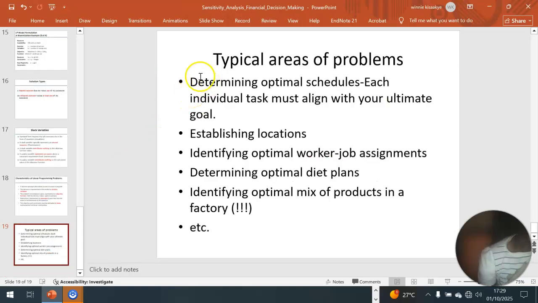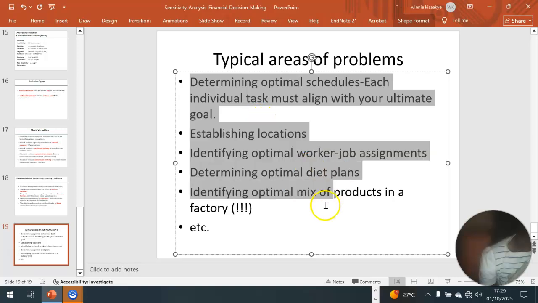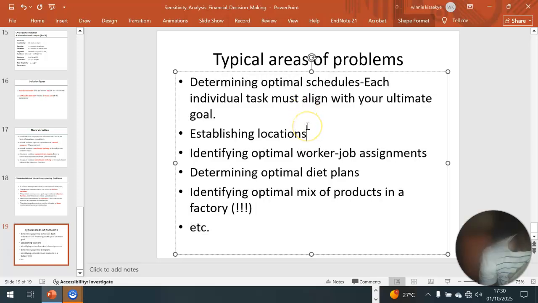So in most cases, these are the typical areas of problems that we are dealing with in Solver. We are either determining the optimal schedule. Each individual task must align with your ultimate goal. Like whatever you do should be aligned to your ultimate goal.